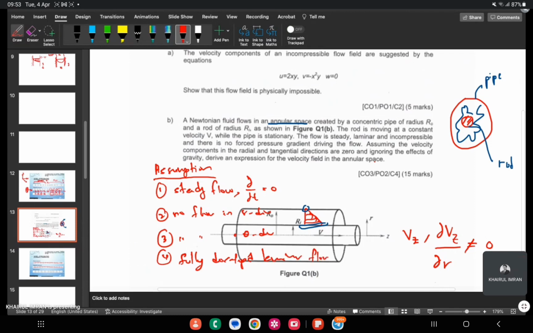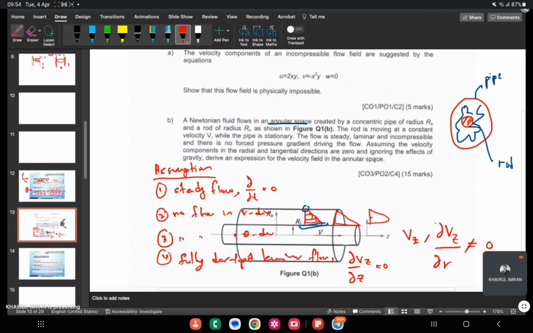Laminar flow. Okay. So fully developed laminar flow is actually del Vz over del Z sama dengan kosong. Okay. Because of segitiga. So dia kalau pipe ni panjang kan. The pipe is actually panjang.